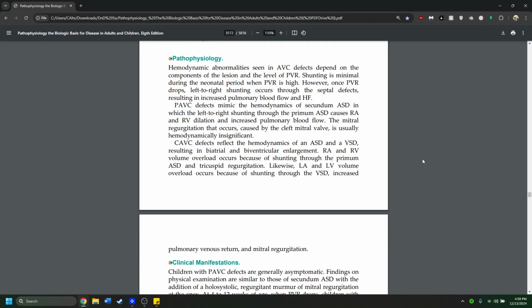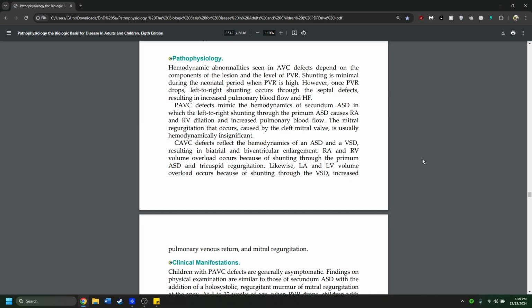So what is our pathophysiology? Hemodynamic abnormalities seen in AVC defects depend on the components of the lesion and the level of PVR. Shunting is minimal during the neonatal period when PVR is high. However, once PVR drops, left-to-right shunting occurs through the septal defects, resulting in increased pulmonary blood flow and heart failure.